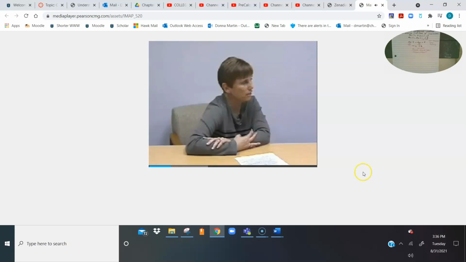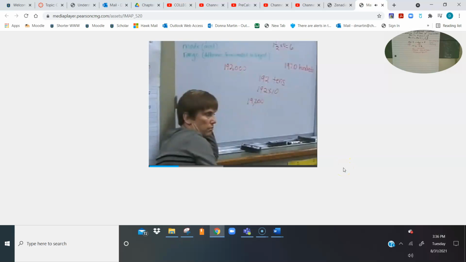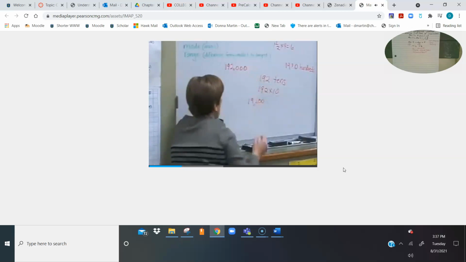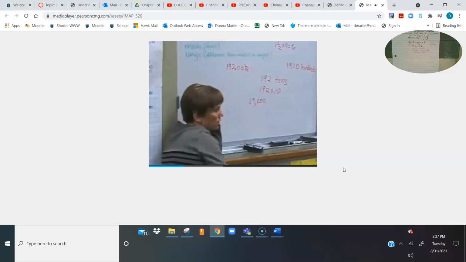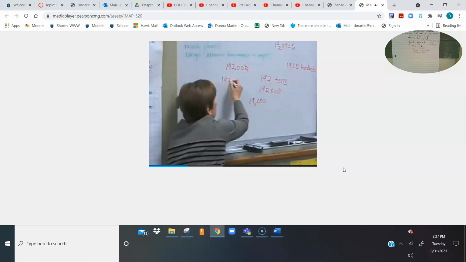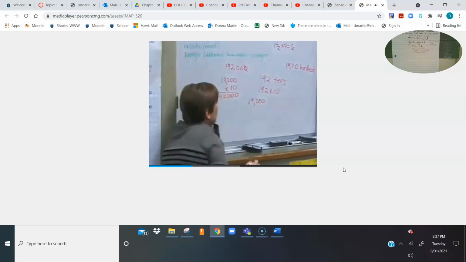But I really wanted him to explore it to help him understand and verify his thinking, as well as give me the opportunity to verify my own thinking. Cross off the 0, and that tells you how many tenths the answer. Why do you think that'll work? So you're telling me to do this zero, because that times 10 will make 0. So 19,200 times 10 equals 192,000. Yeah. Like that? Yeah.